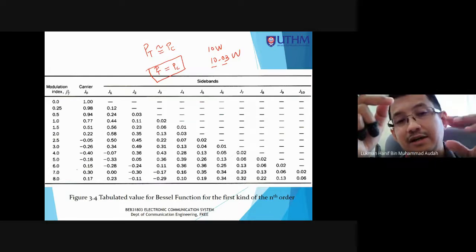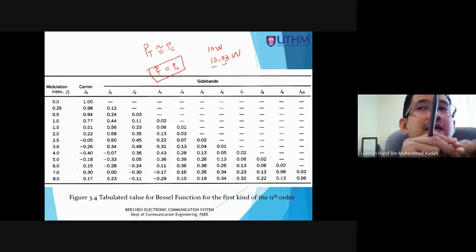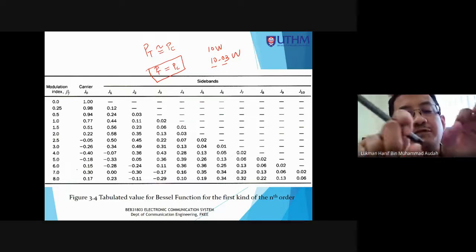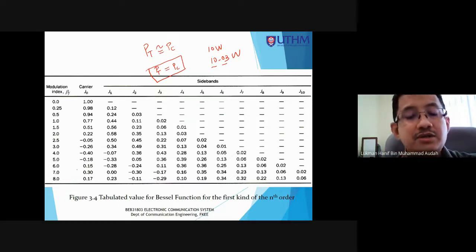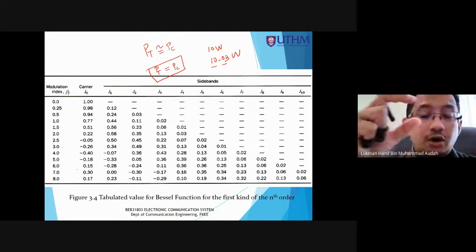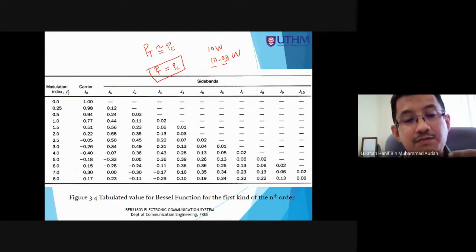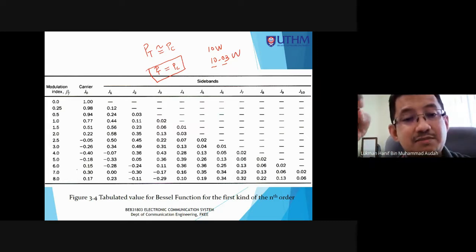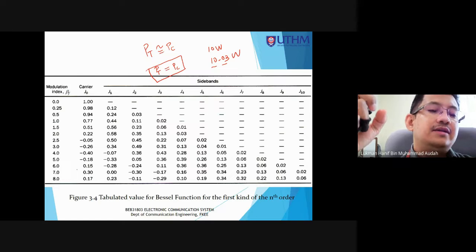So biasanya markah dia kalau disuruh guna Bessel table, cari nilai power. Contoh, use the Bessel table to find the power. That means you need to use the long equations. Kalau diminta mencari total power menggunakan Bessel table, that means the question wants you to calculate using the long equations. Jadi menggunakan persamaan yang panjang dan biasanya markahnya agak besar sedikit.